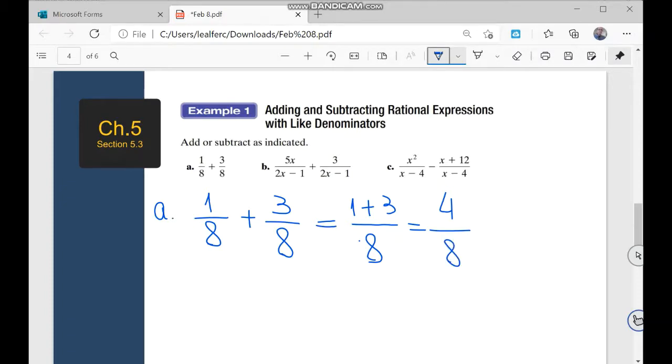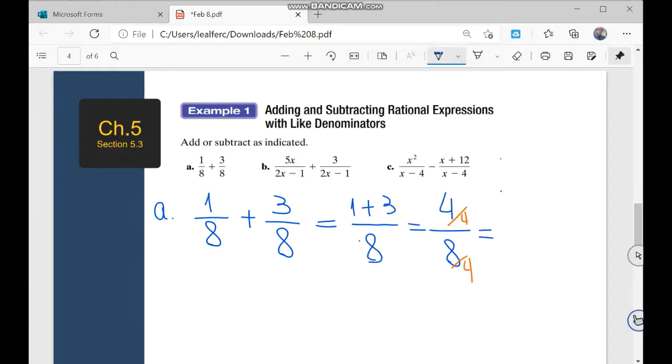Now the tricky part. We need to factor out and simplify. This you need to do with fractions, you need to do with rational expressions as well, because you can divide both the numerator and denominator by 4, right?